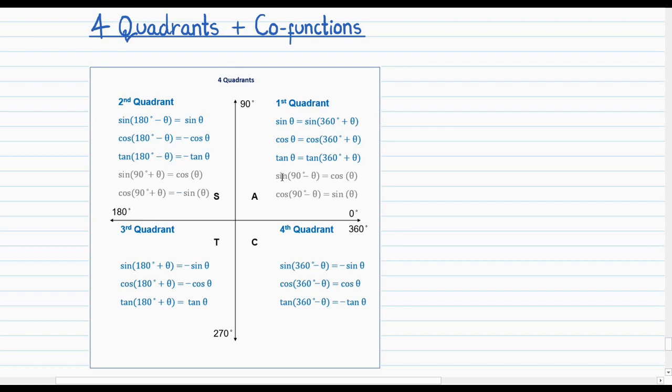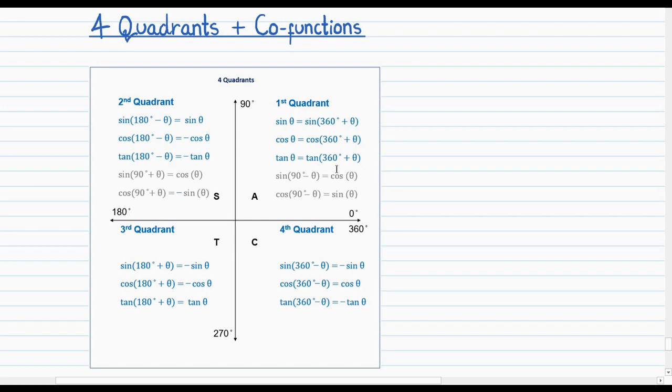So it's the same result as sine 90 minus theta. And then something different that you need to keep in mind is that cos 90 plus theta is equal to minus sine theta. So it's not the same as cos 90 minus theta, where it's just sine theta. This time there's a minus in front of it.